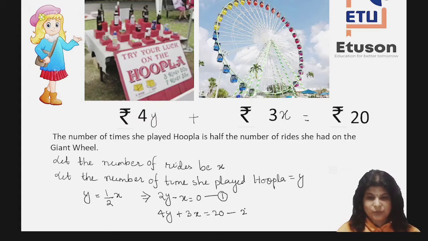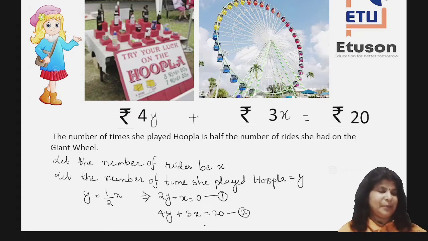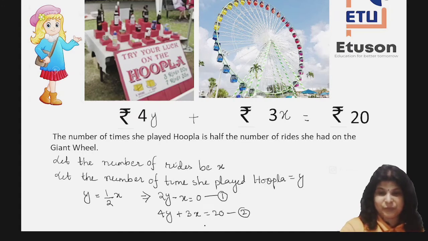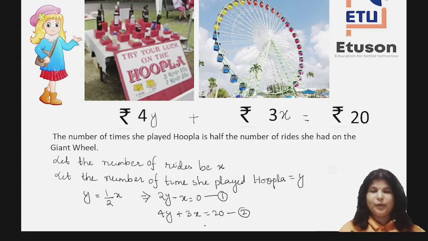Correct? So you can solve these two equations and get the x and y values. But here we will understand how to solve it by using the geometrical method, that is, graphically we will find out the solution. As you can see here, 2y minus x equal to 0 and 4y plus 3x equal to 20.